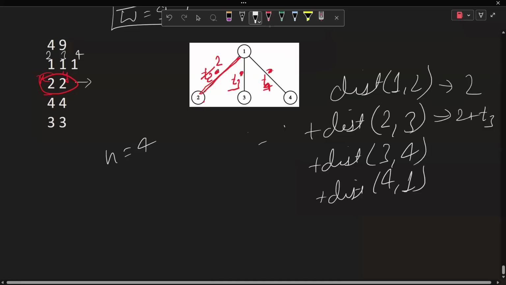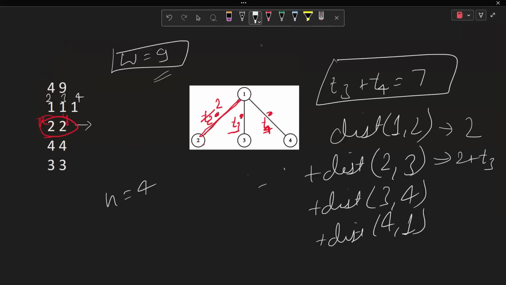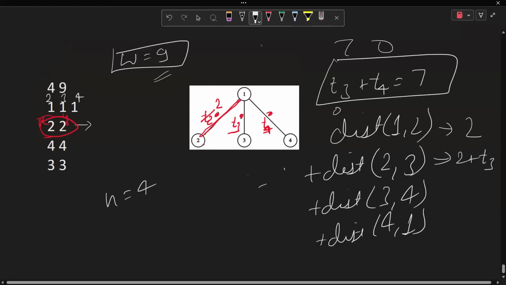Now you know that the sum of the three weights was given as 9, where T2 is already 2. So T3 plus T4 is 7. It should satisfy this condition, but you can take T3 and T4 as anything. You could take 7, 0 or 0, 7, anything to maximize your answer.